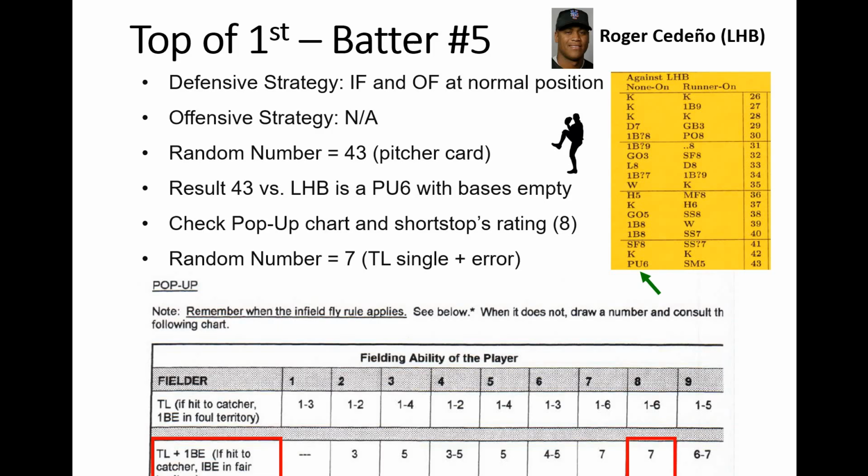And we roll a new random number, and the shortstop's defensive rating is an 8. And so we look in the 8 column, and we see that a random number of 7 equates to a Texas League single plus a 1 base error. So we got a runner on second.